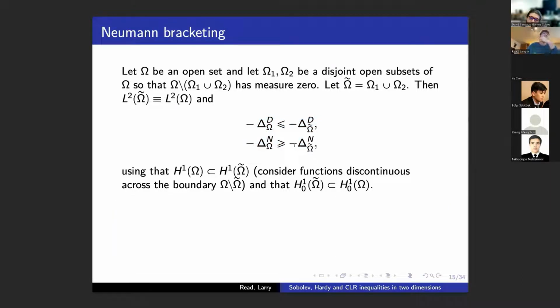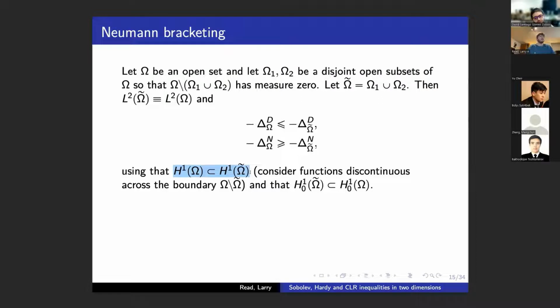But we have the following operator inequalities, in the sense of quadratic forms that I said earlier. The Neumann Laplacian and the Dirichlet Laplacian, that's the notation we're using here. The Neumann Laplacian is decreased when we consider this kind of splitting, and the Dirichlet Laplacian is increased, owing to what happens to the domains.